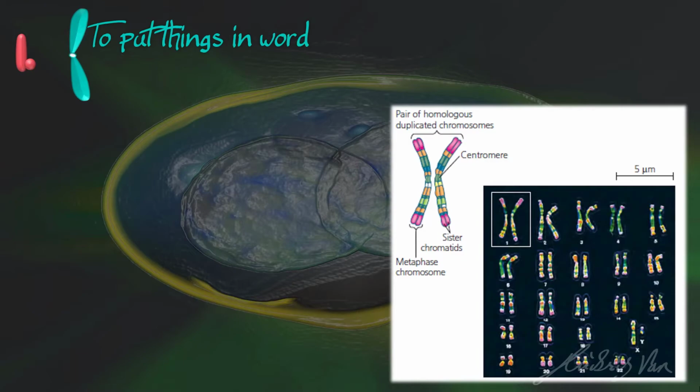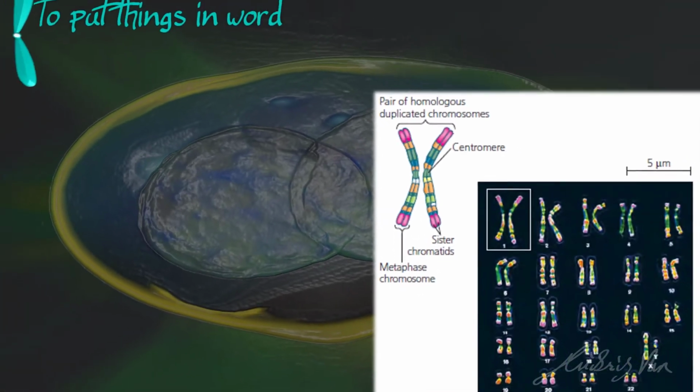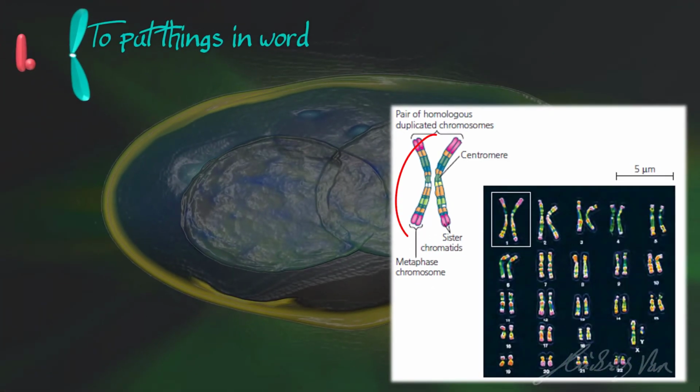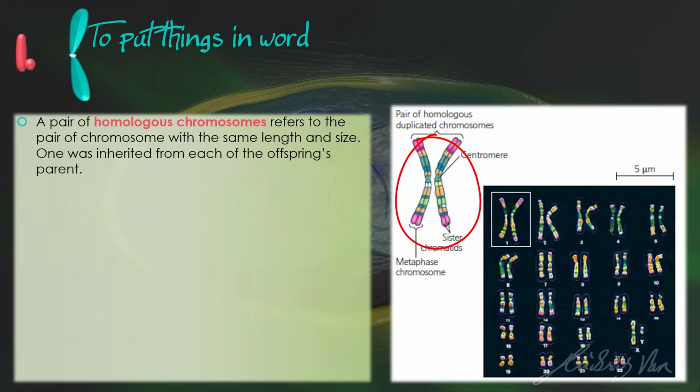Since you see a pair, you might think that, oh, this pair is sister chromatids. But if you look carefully, the sister chromatids are actually already joined together in one of the chromosomes. And instead, the pair is not a pair of sister chromatids. The pair there is actually known as homologous chromosomes.